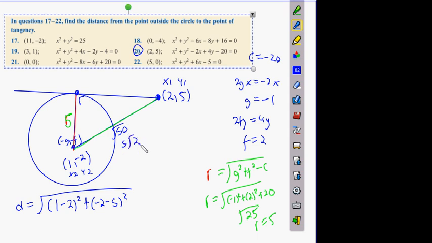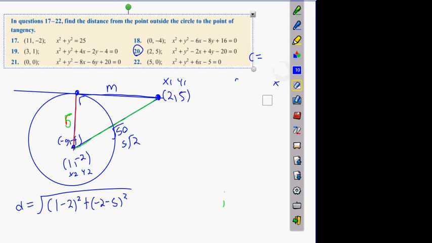Next thing after that, Pythagoras' theorem to find out the length, which I will call m, from here to here. So it's going to be root 50 squared. There's no advantage putting 5 root 2 down really.